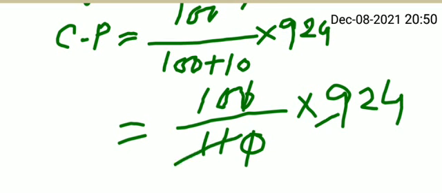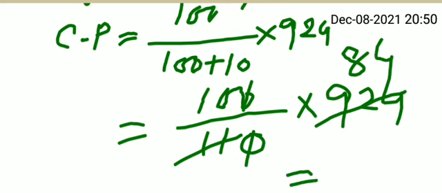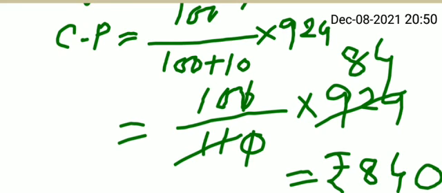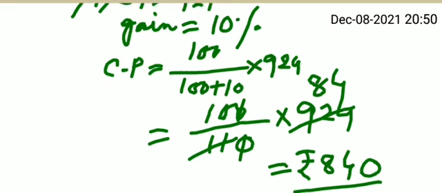Now 11 8s are 88, 11 4s are 44. So the answer will be 840 rupees. So therefore the cost price of the article will be 840.